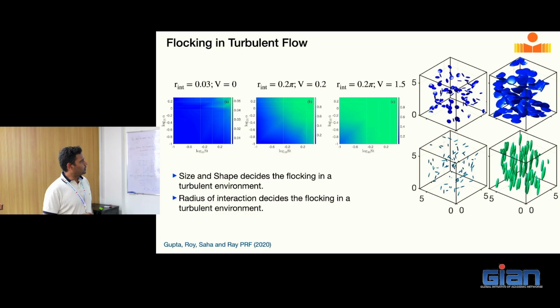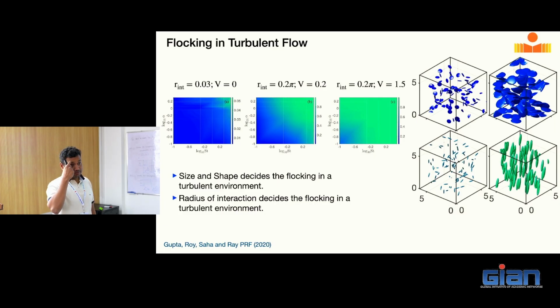If you are small and disc-like, you are definitely not going to show flocking. If you are large and disc-like, there is some possibility. If you are small and rod-like, there is also possibility. But if you are rod-like and large, there is definitely going to be alignment, even in the marine environment. That's the overall picture.